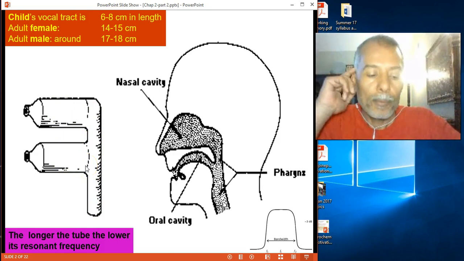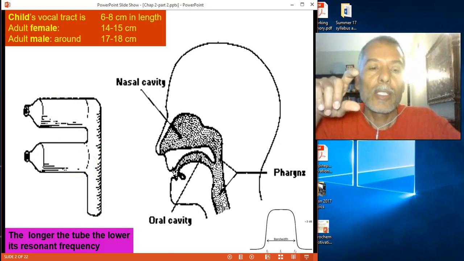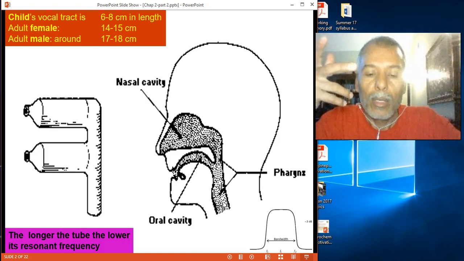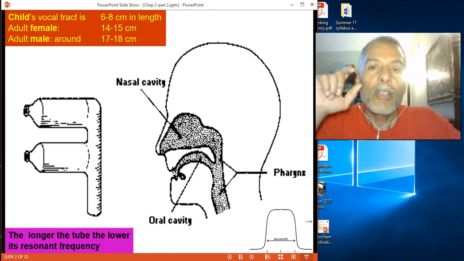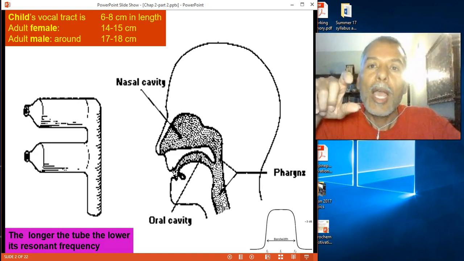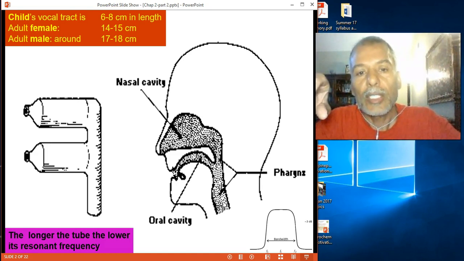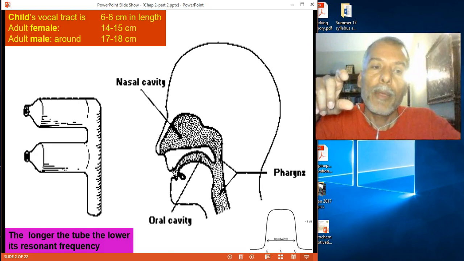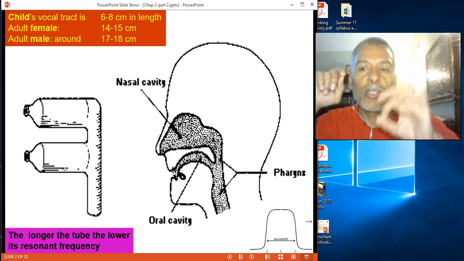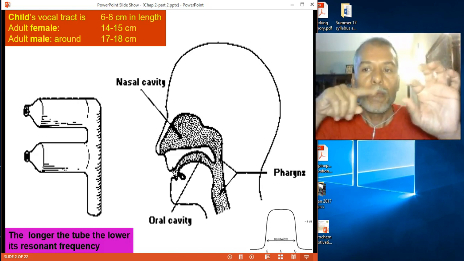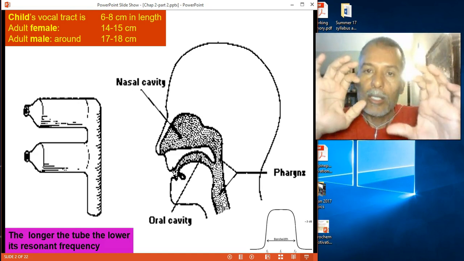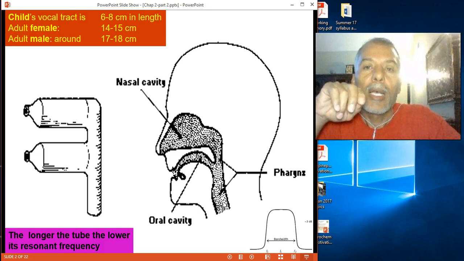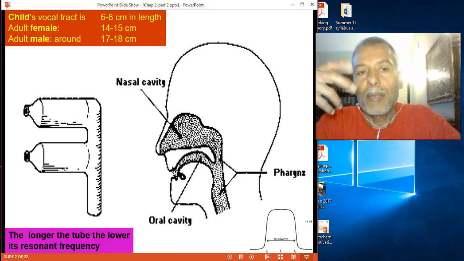Now recall, what is one of the differences between a narrowly tuned resonator and a broadly tuned resonator? One is the shape. A narrowly tuned resonator is very symmetrical, like a cylinder. Everything is perfectly symmetrical, and that wouldn't accept many frequencies.